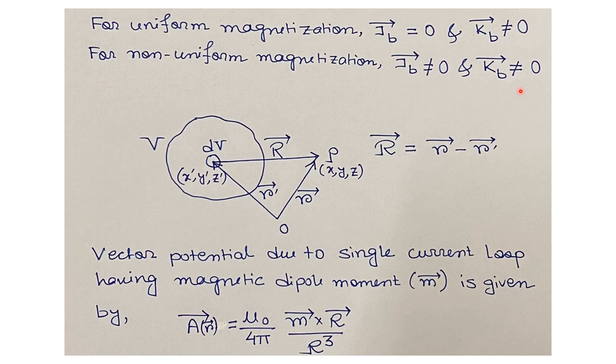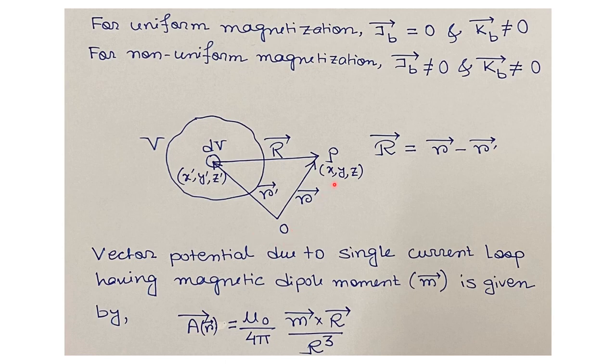Now we'll try to relate these current densities Jb and Kb to the magnetization of the magnetized material. For this, we'll consider a magnetized material kept under an external magnetic field B, and the system will have volume V. Inside this system, we'll consider an elementary volume dV, whose coordinates are x', y', z' from the origin.